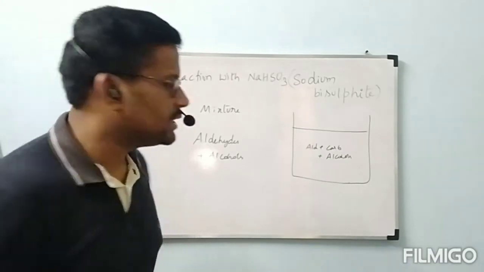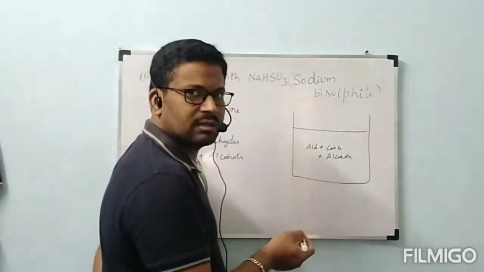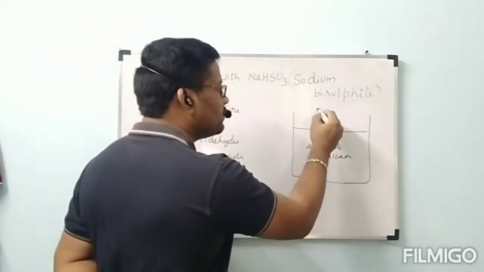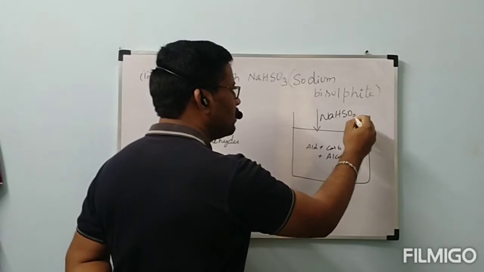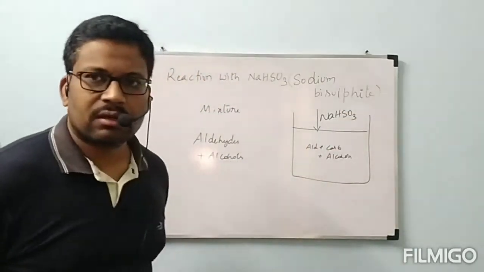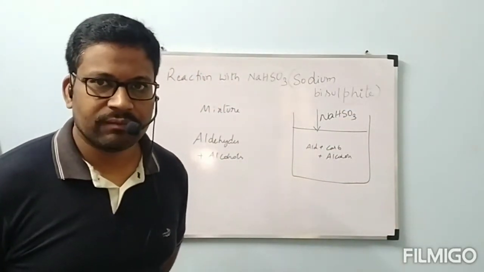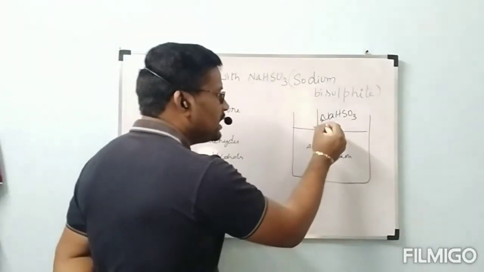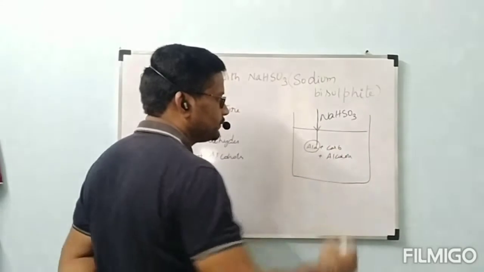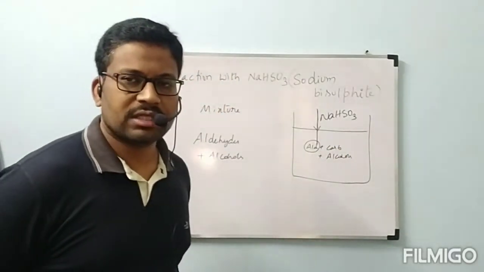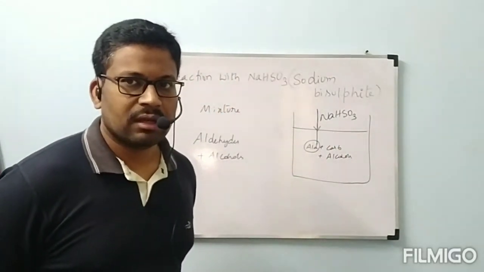In what way? See, for this total mixture, what are we going to do? We are going to add NaHSO3. Please observe carefully. Then this NaHSO3 will react with the aldehyde.